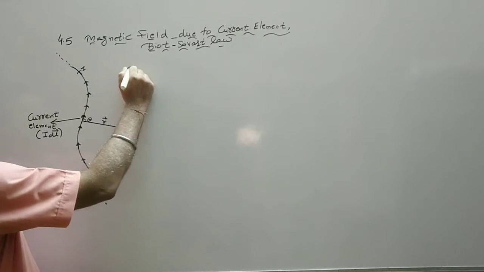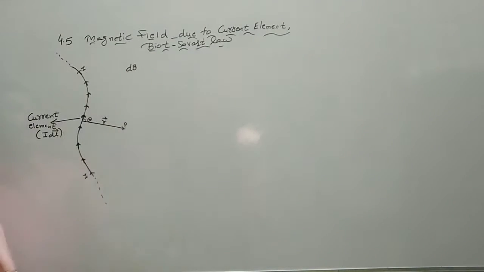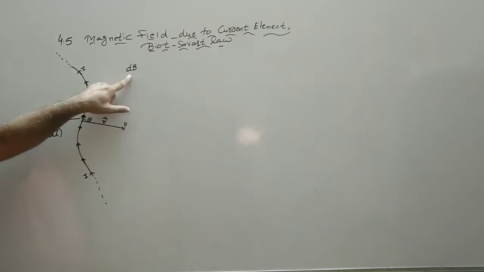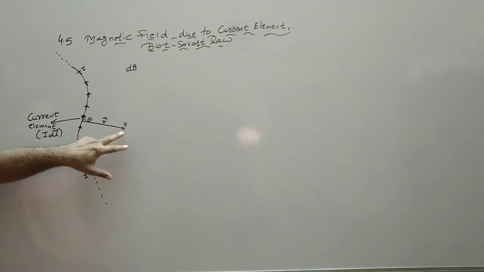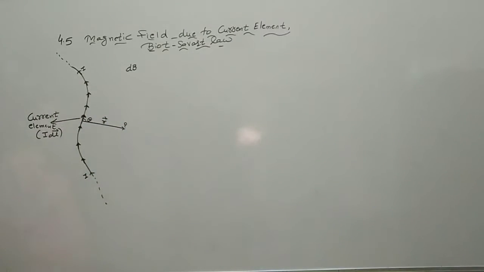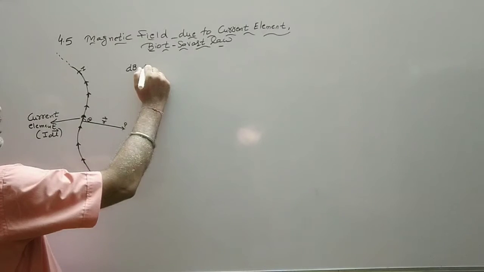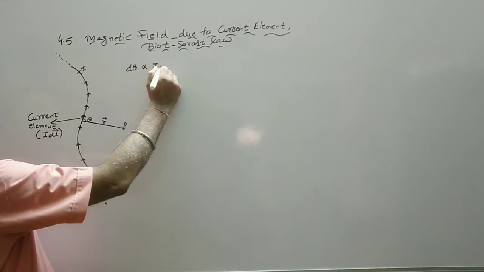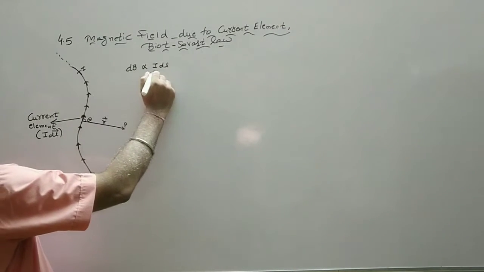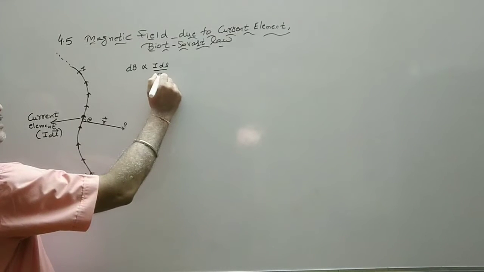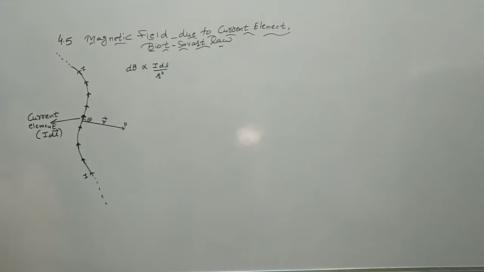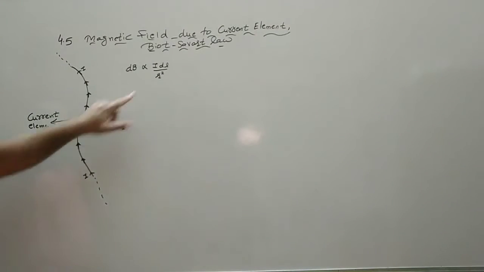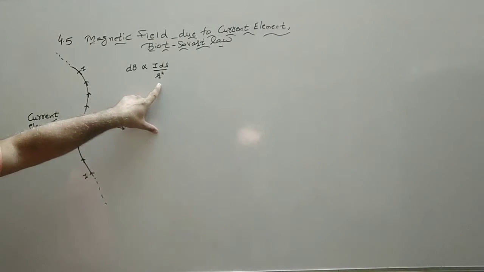So when we talk about the magnitude, we found that the magnetic field intensity at point P is directly proportional to the current element and inversely proportional to the square of the distance, very much similar to Coulomb's law.